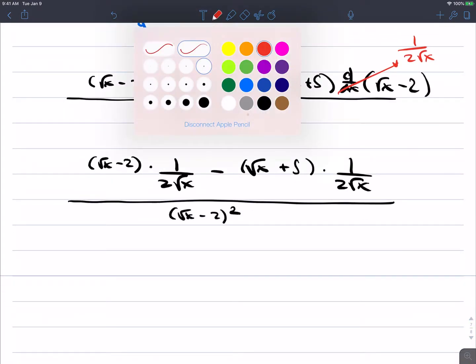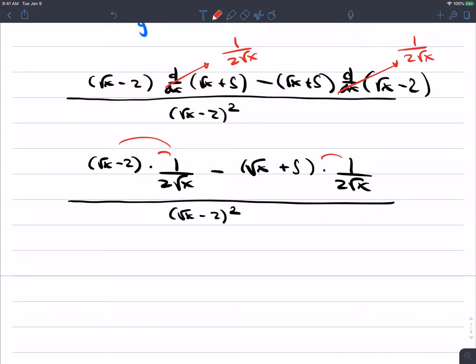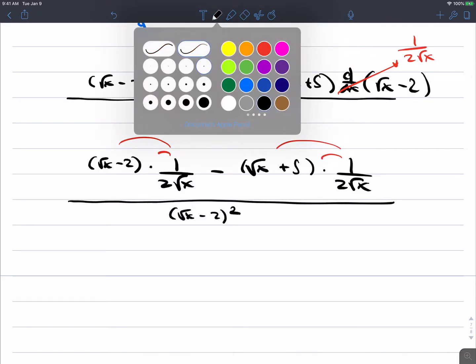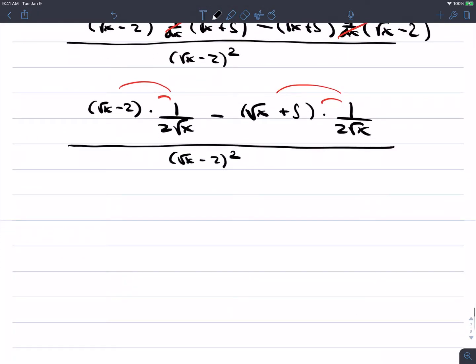So now you're going to distribute. The square root of x minus 2 over 2 square root of x minus the square root of x plus 5 over 2 times the square root of x.